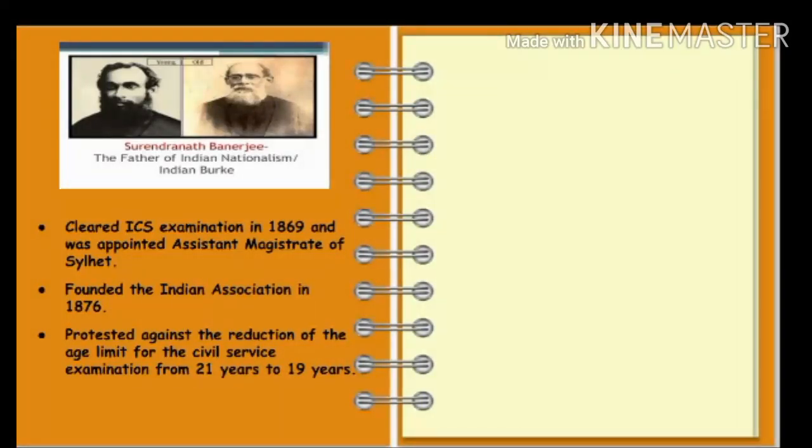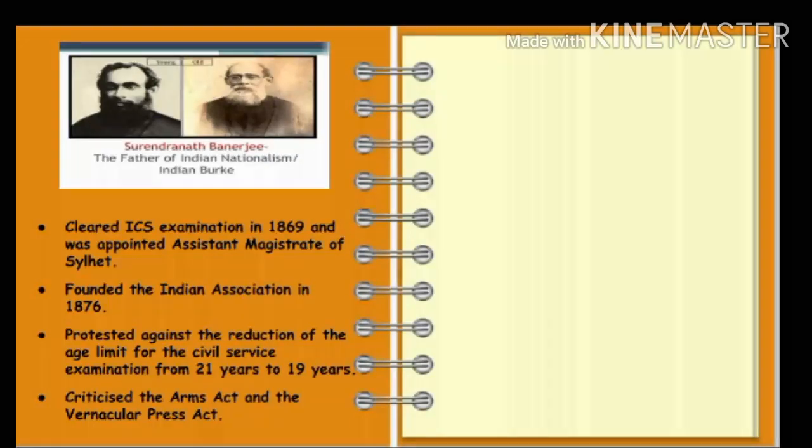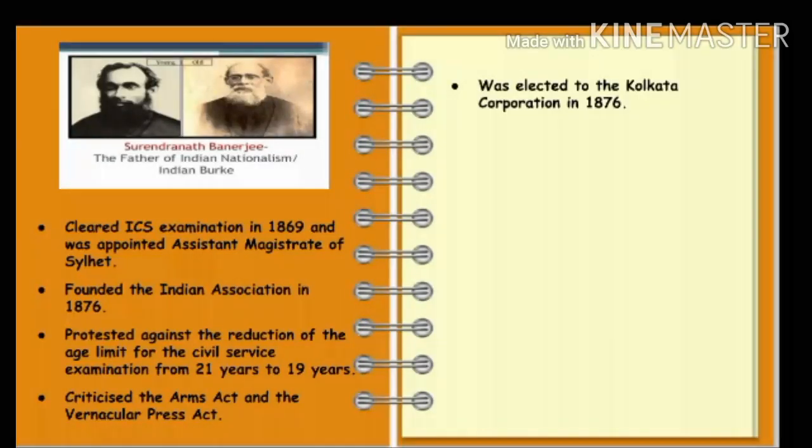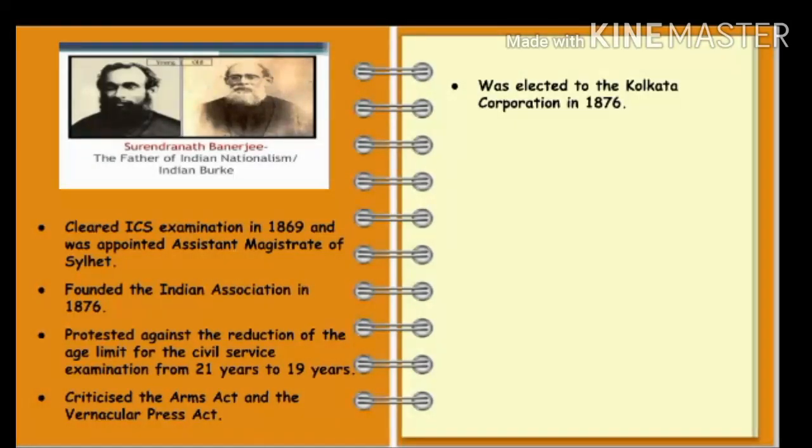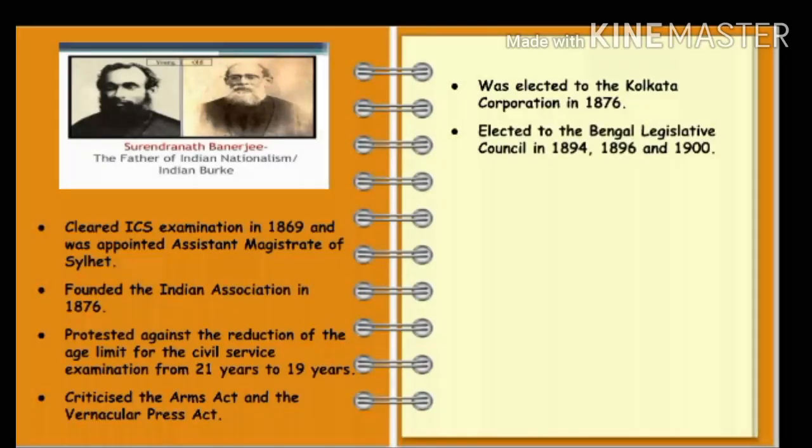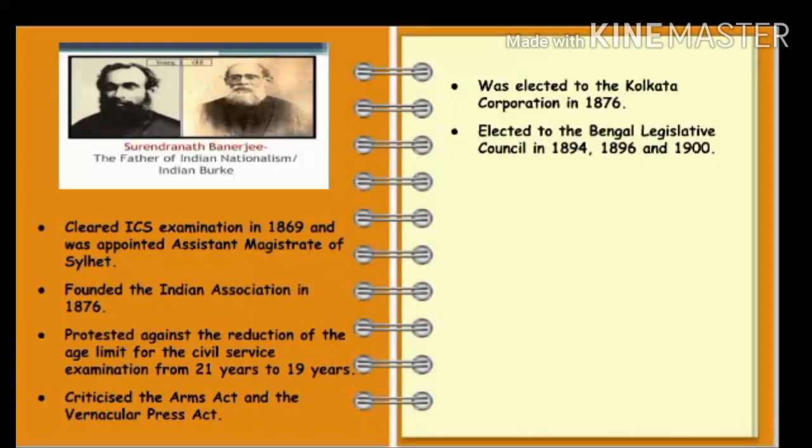He criticized the Arms and the Vernacular Press Acts. He was elected to the Kolkata Corporation in 1876. He was elected to the Bengal Legislative Council in 1894, 1896 and 1900.